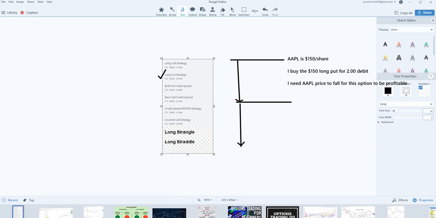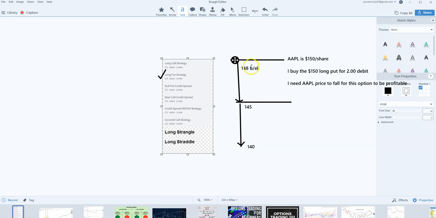So if Apple's price drops down, let's say to 145, let's say it drops down to 140. Let's see if we can do the math on this. Again, this is all happening within the expiration. So if I went 1 week out, so today's Monday, if I went out to Friday's expiration and I bought a 150 long put for $2, and by Friday the price is trading at 145, that means we've had a $5 move in the stock price, but because I paid $2 for the debit, my break even would be 148.